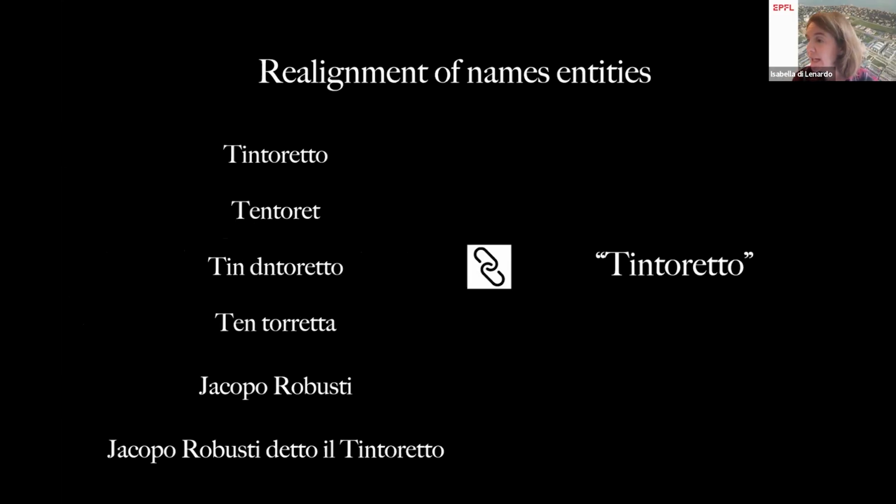Another example: on one hand we can have extraction results of Tintoretto, Tintoretta, or more interesting, Jacopo Robusti or Jacopo Robusti detto il Tintoretto. That's from the OCR results. And then on the other side, we need to realign on the Tintoretto entity.